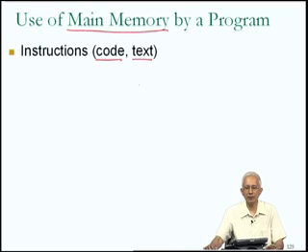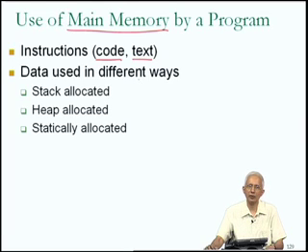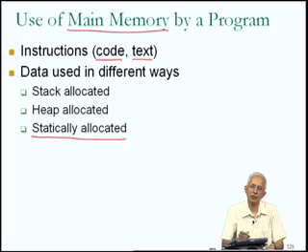Right, so very clearly, when a program is executing, its code or text must be present in memory. In addition to this, what must be present in memory is the different data that is used by the program. And some of that data could be stack allocated, some of it could be heap allocated, some of it could be statically allocated.